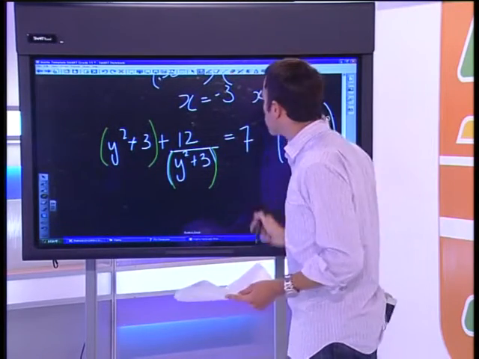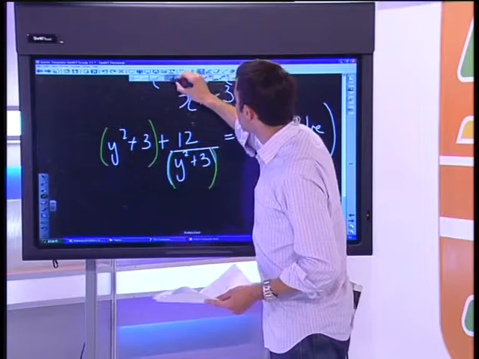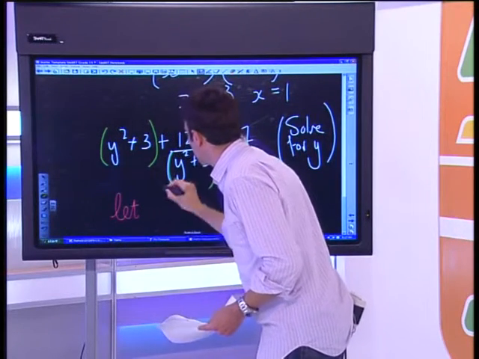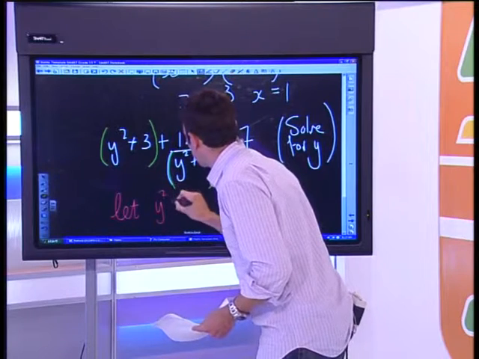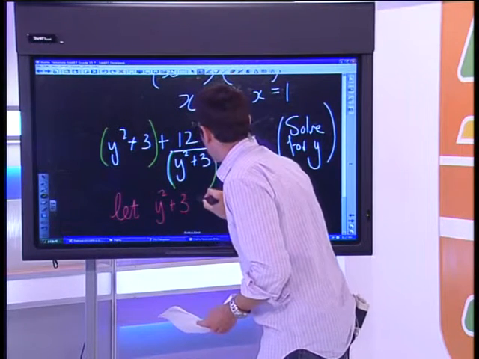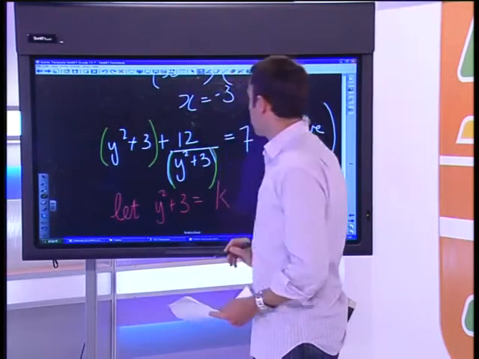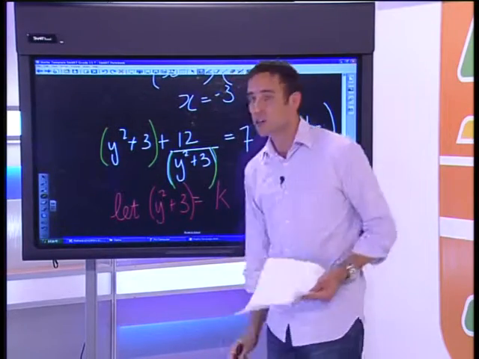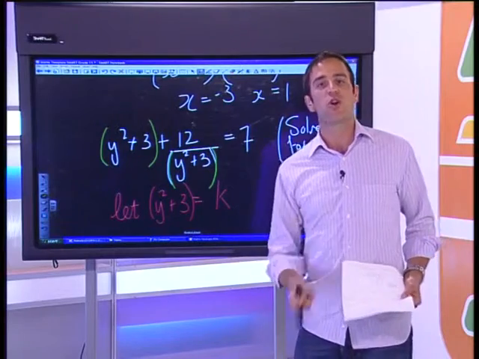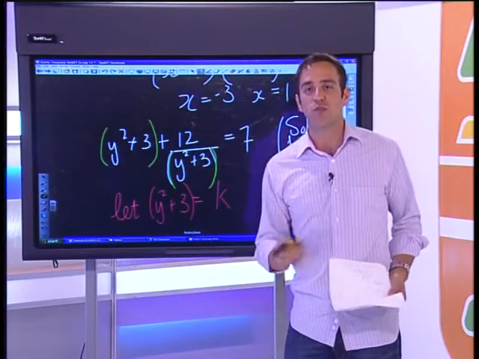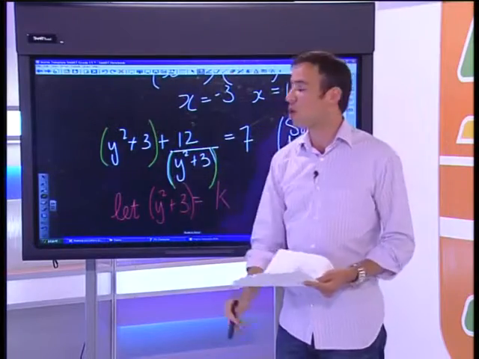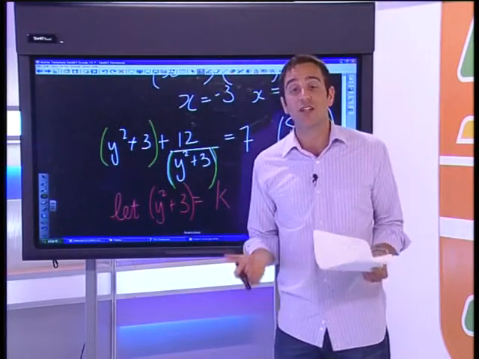So the trick that we use is we let y squared plus 3 equal to k. In other words, wherever we see a y squared plus 3, and I'm going to put it in brackets, brackets are great because brackets make your work visual. They prevent you from doing stupid things like not distributing minuses or putting times where it should be a plus or a minus.